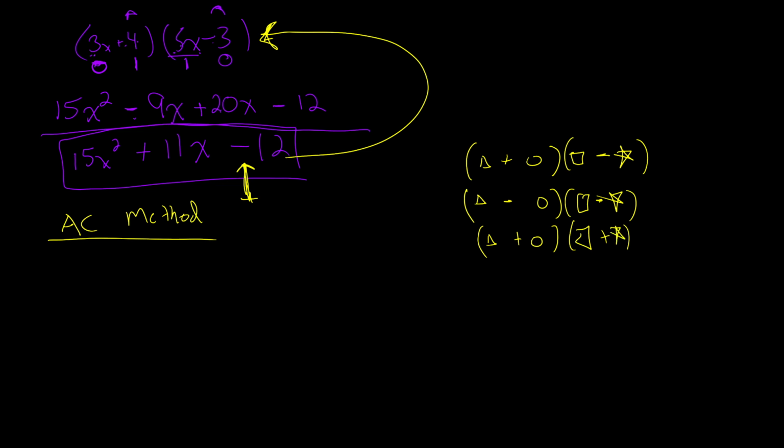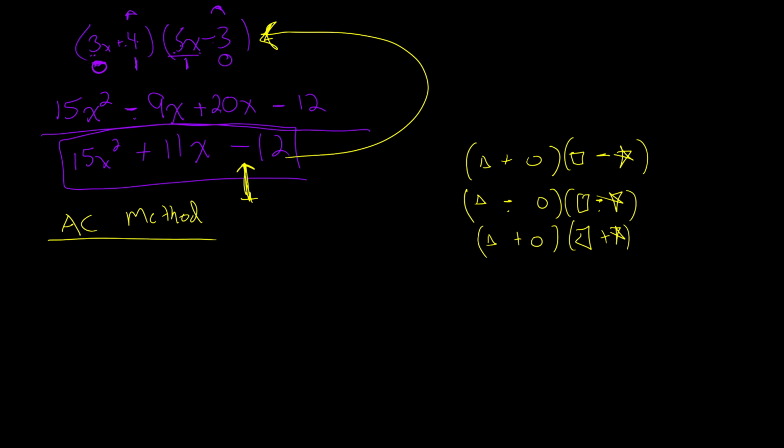And so negative times negative, that's the only thing that determines this, and that would make a positive one. Well, a positive times a negative makes negative. And so the AC method, we kind of want to work our way through to figure out what the different patterns will be. So let's look at some binomials and what they can give us.